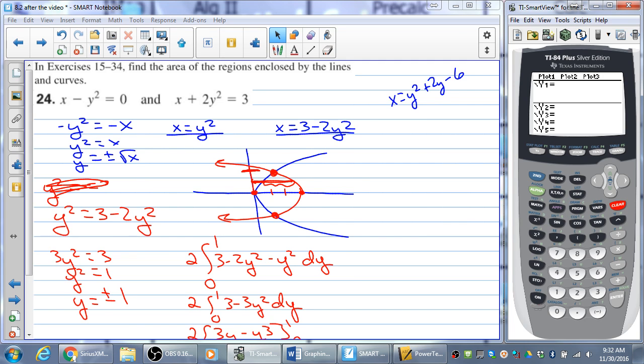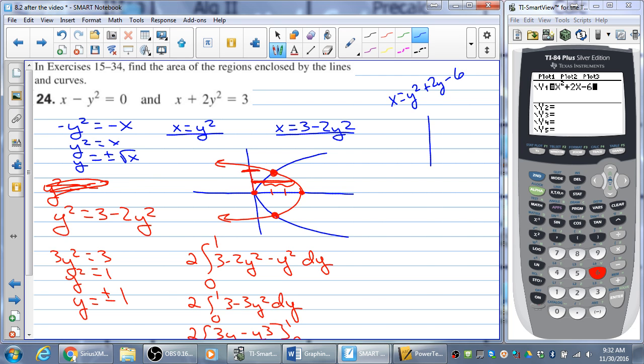It won't work if you just change the x's and y's. For sure it will. x squared plus 2x, well, yeah, if you do it right, x squared plus 2x minus 6.